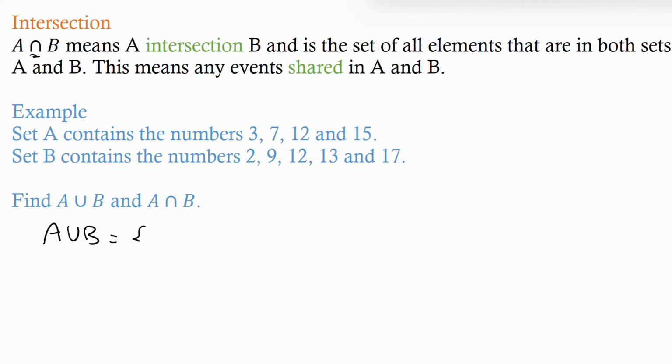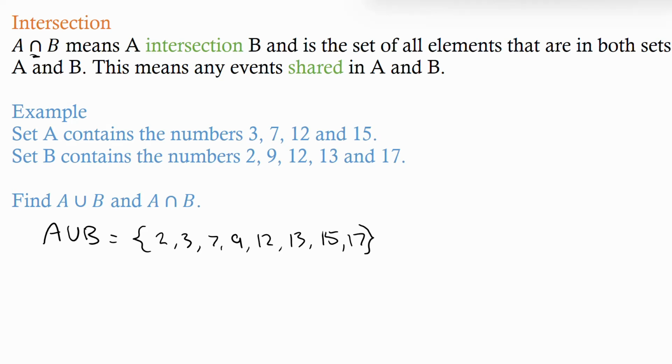So this set would be, let's start with 2, 3, 7, 9, 12, 13, 15, and 17. It could be any of them, right? Everything that exists in A and B, so that would be A union B.